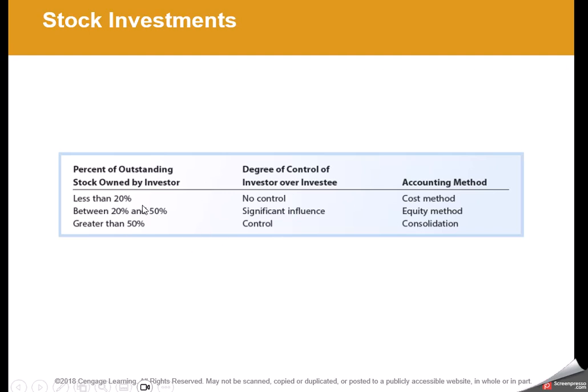If we own less than 20% of the shares outstanding of that investee company, we exercise no control, and we can use the cost method. If we go from 20 to 50%, we are exercising significant influence, and we're going to use the equity method of accounting. If it's more than 50%, we control that company, and we are going to consolidate them into our company.